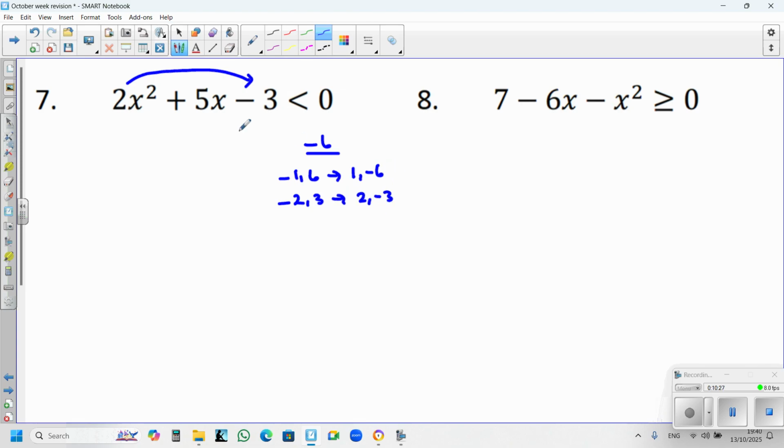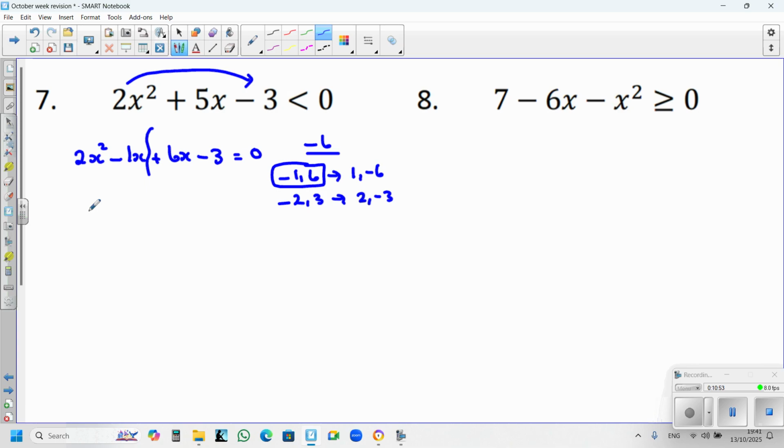I'm looking for the pair of factors that give me positive 5. So positive 5 must come from these two here. -1 plus 6 is positive 5. So we'll split that up and we'll do 2x squared minus 1x plus 6x's minus 3, and I'm going to change that to equal 0.